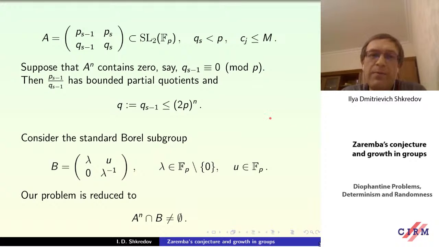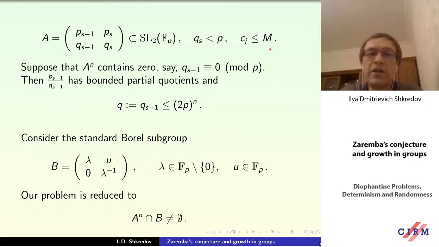Then just by matrix multiplication, I know that q_{s-1} is bounded by 2p^n and q_{s-1} is divisible by p. And p_{s-1} over q_{s-1} has partial quotients bounded by M, just by definition.